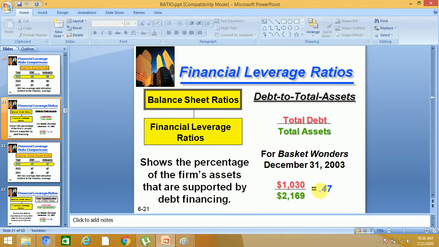But at the end of the year, we will check the profitability of the firm. If the profitability of the firm is good, then taking this high percentage of loan is good. But if the profitability of the company is not good, then taking this high percentage of loan is not good.